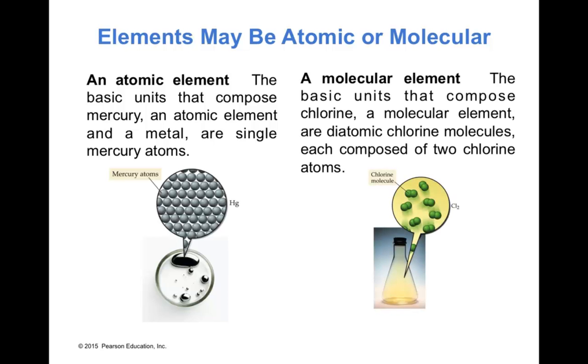In a molecular element, the basic units that compose chlorine, a molecular element, are diatomic chlorine molecules, each composed of two chlorine atoms. So here we have an example of an atomic element, where the basic units are atoms of mercury, and here we have an example of a molecular element, where the basic units are diatomic chlorine molecules.